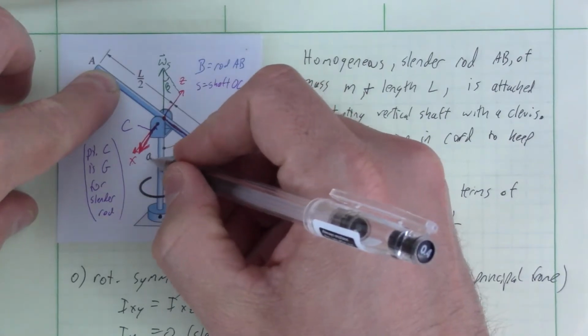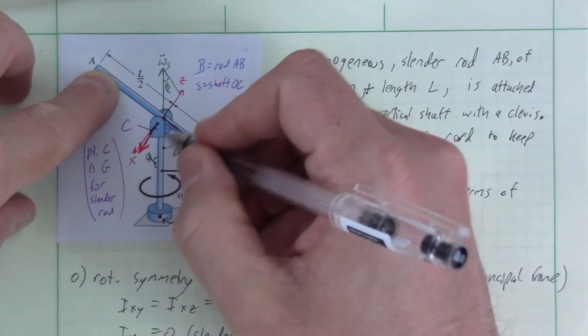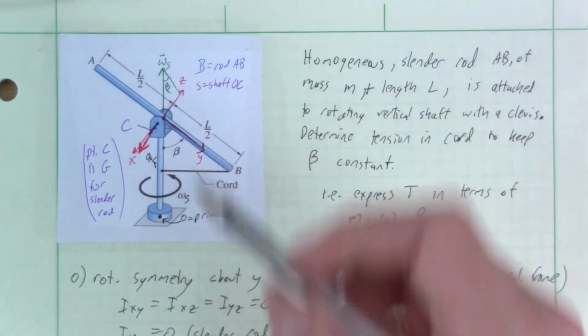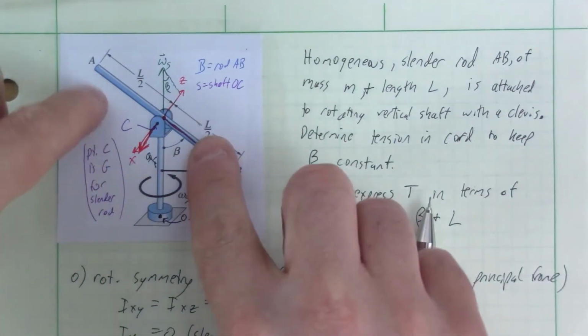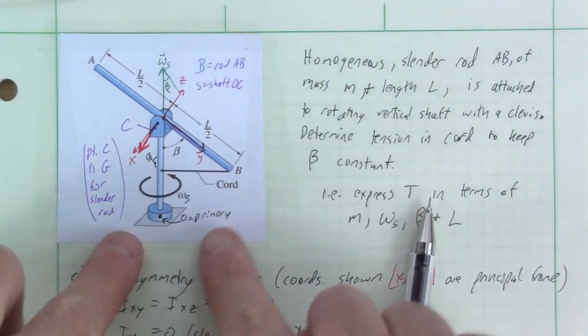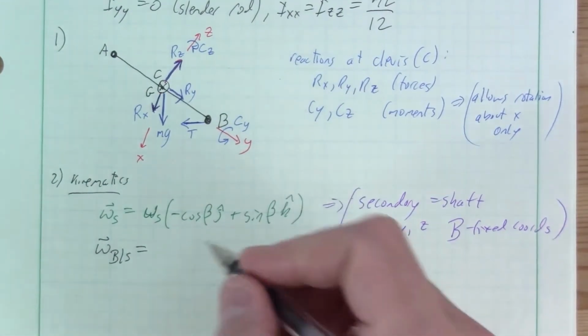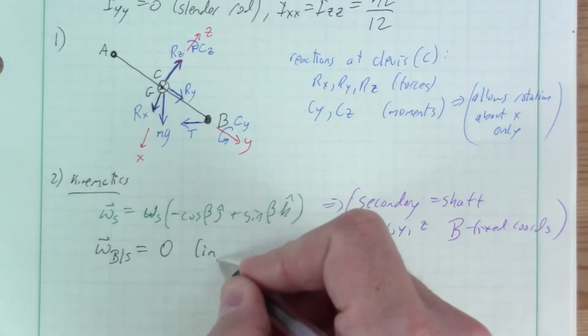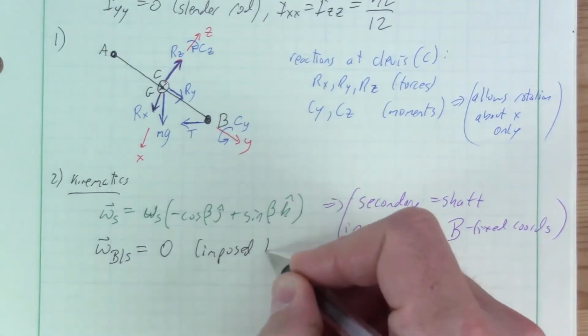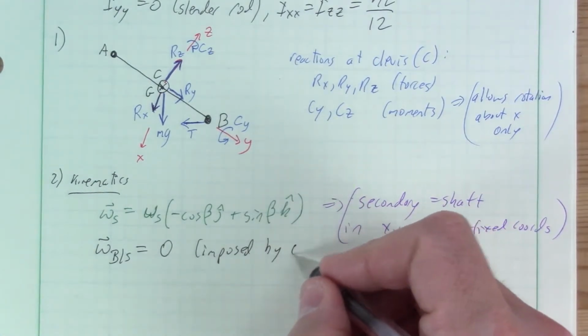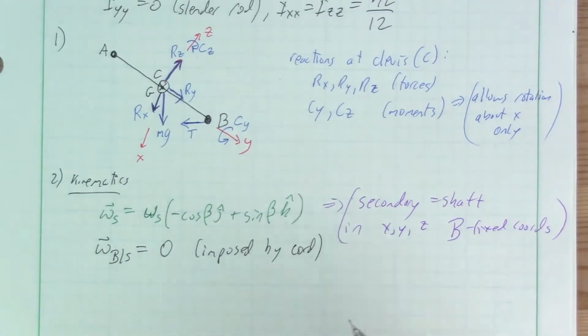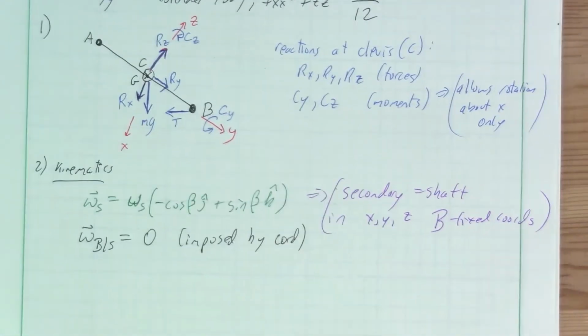If I'm an observer looking up here, I see no rotation of the rod, even though it is rotating this way from an observer down here in the primary frame. So we are imposing that this is 0. Imposed by the cord being there, but really it's imposed by the problem statement.